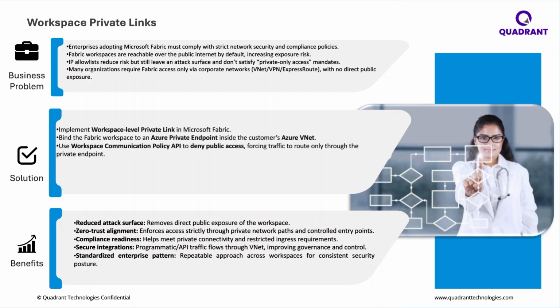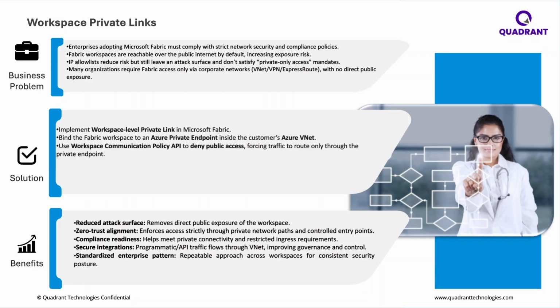We are going to do all of that in Azure, creating those private link services and private endpoints, and then binding your workspace to the private endpoint inside the VNet. All of those steps are going to be covered in this video. So it'll be a detailed deep dive video, right? At the end of this video, you'll have a clear understanding of how you need to set up a workspace level private link in Microsoft Fabric.